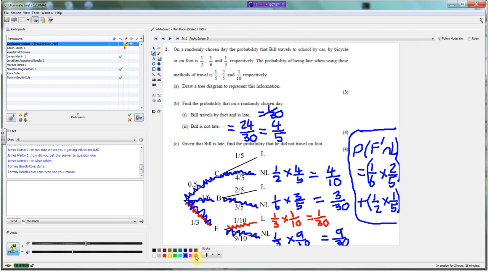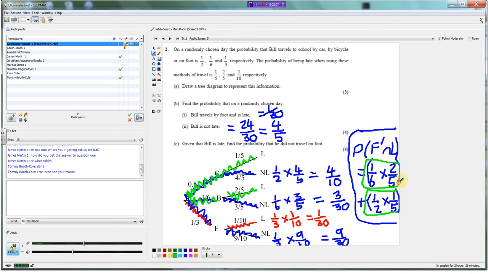Okay, so let's do this in green. So remember what the question's asking. He did not travel on foot, but we know he's late. So the probability that he's late by car is a half times a fifth, which is where this has come from. The probability that he's late if he goes by bicycle is a sixth times 2/5, which is given here.